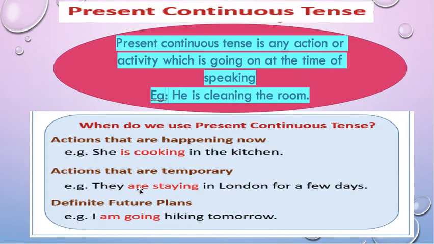Next, definite future plans. Planning something or some action which is going to take place in future. So we use present continuous tense for this. Example, I am going hiking tomorrow. Got it, students?